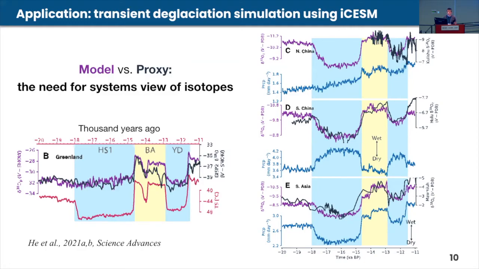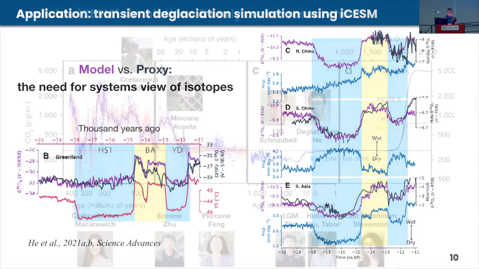For the East Asian monsoon, it's really tied to the unique dynamics of the monsoon. In the simulation, we found that the jet stream shift and the wind changes are responsible for this departure from a simple amount effect view. If you are interested in the mechanism, please check out the paper listed here.